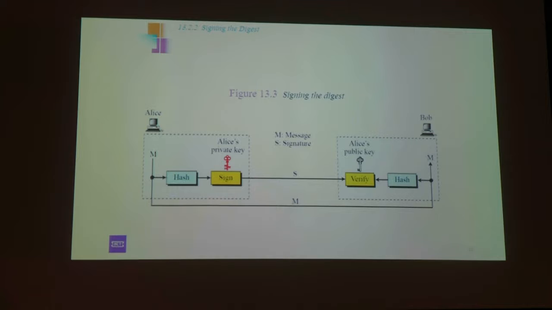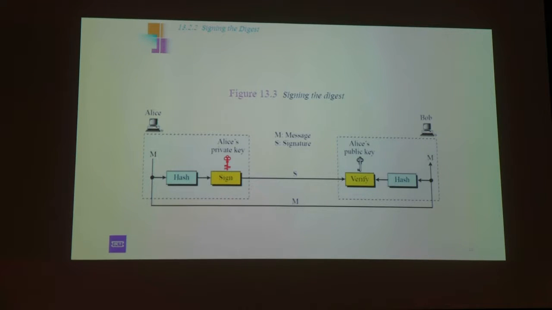Creating a digest, like with SHA-512, is very fast. Creating a digest is easy. Remember that in hash functions, the input could be variable, a very long message, and the output is only a fixed size, like 512 or 256 or 128 bits. So instead of signing the whole message, I create the digest and I sign the digest.